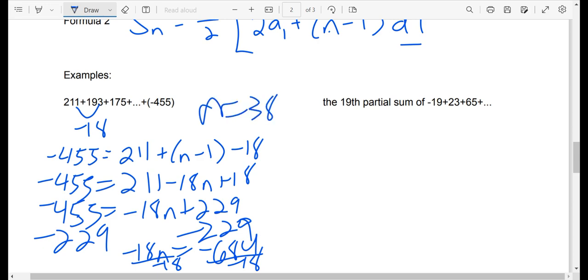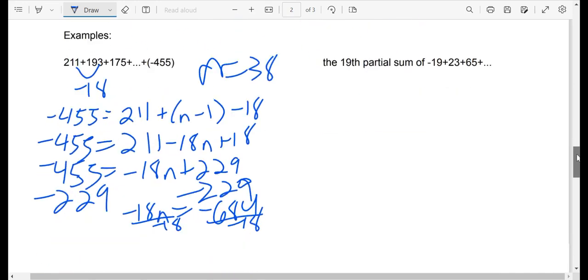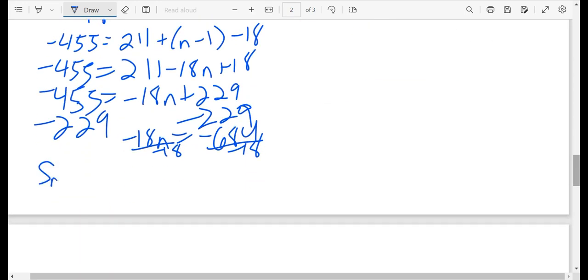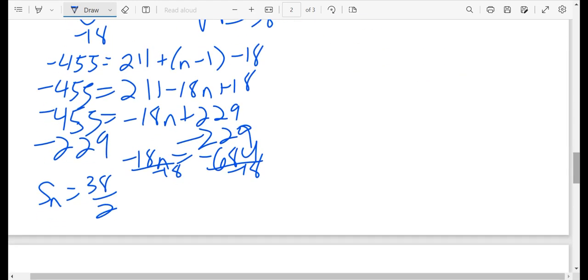So when we go use the formula, the one that makes the most sense is formula 1, because we can go in, s sub n is equal to 38 over 2, and what else does the formula say? It says parentheses a sub 1 plus a sub n. So a sub 1, we know, is 211, plus a sub n, which is negative 455.